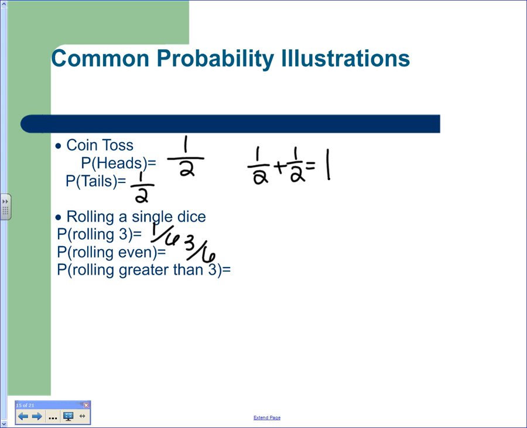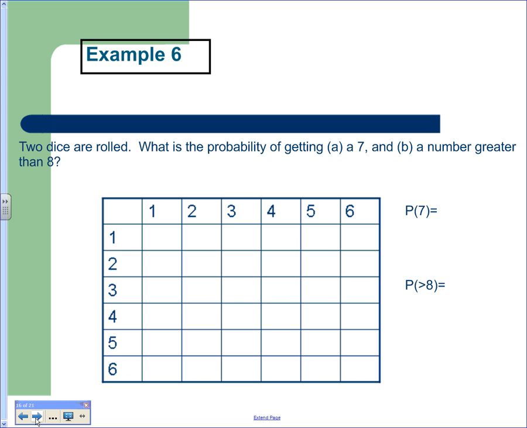So what does that reduce to? Okay. Rolling a number greater than 3. 3 out of 6. Why 3? 4, 5, and 6. Y'all with me? Not too bad, right? Okay. 2 dice are rolled.